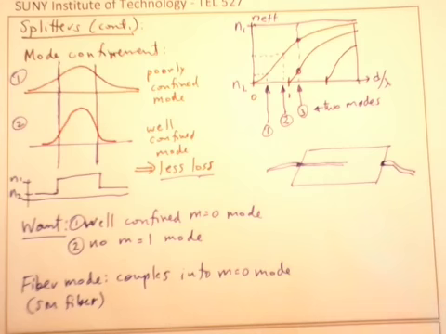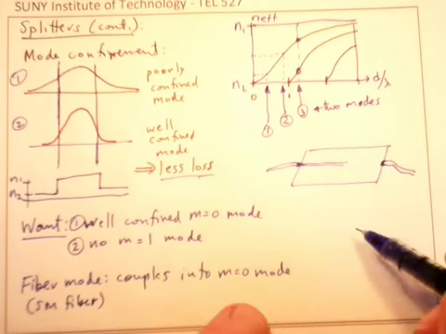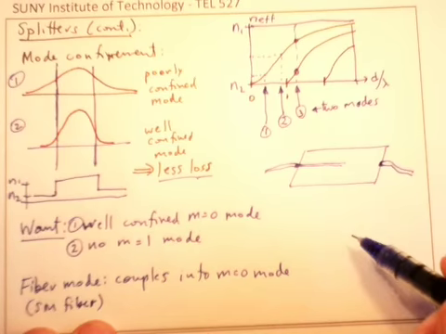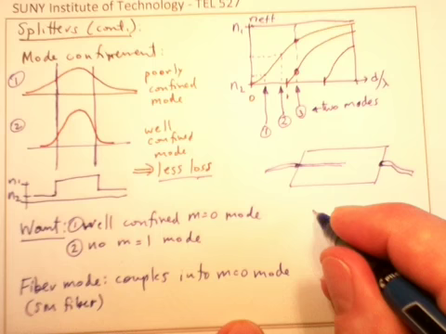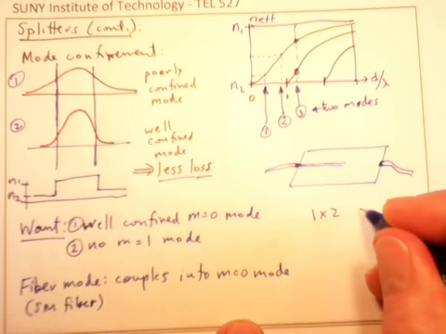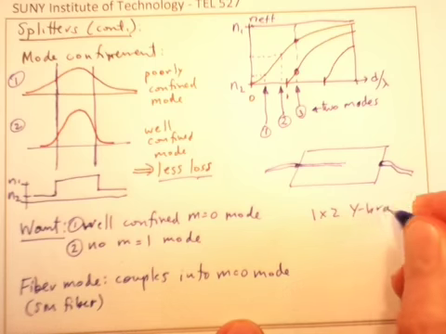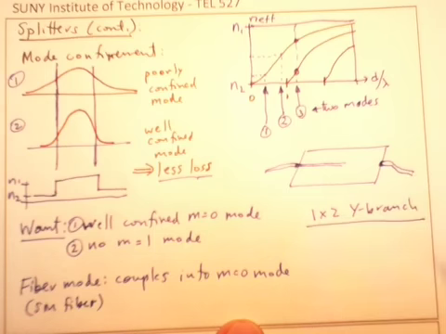Another point I'd like to make in this video, which is new, this point was made in an earlier video very quickly though, is that the 1x2 Y branch is symmetric in its behavior.